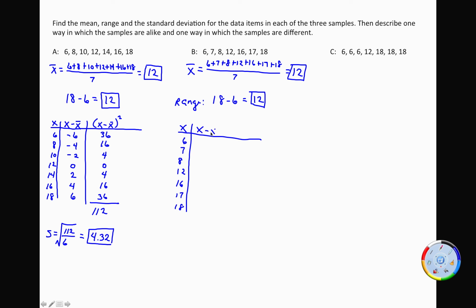So the deviation of each point from the mean, 6 minus 12, negative 6, 7 minus 12, negative 5, 8 minus 12, negative 4, 12 minus 12, 16 minus 12, 17 minus 12, 18 minus 12. I've got to square them so that it doesn't add to give me 0. And now I'm going to find their sum.